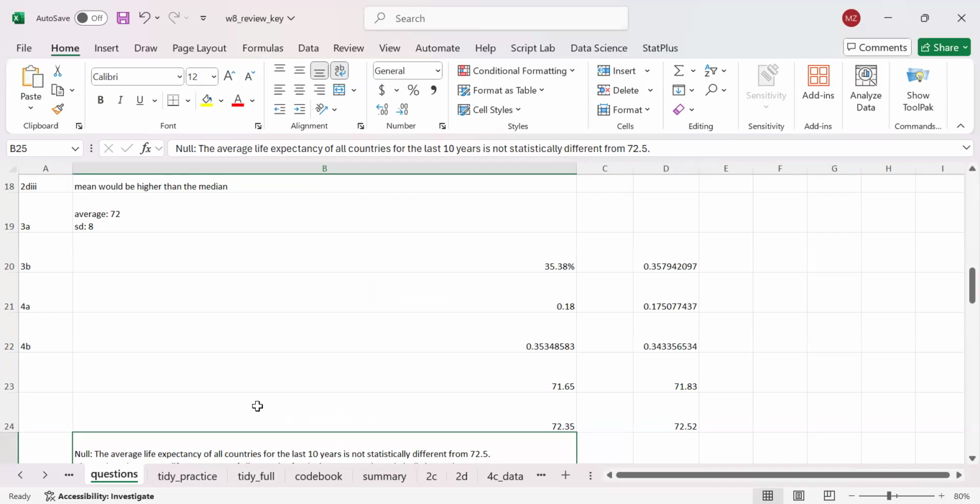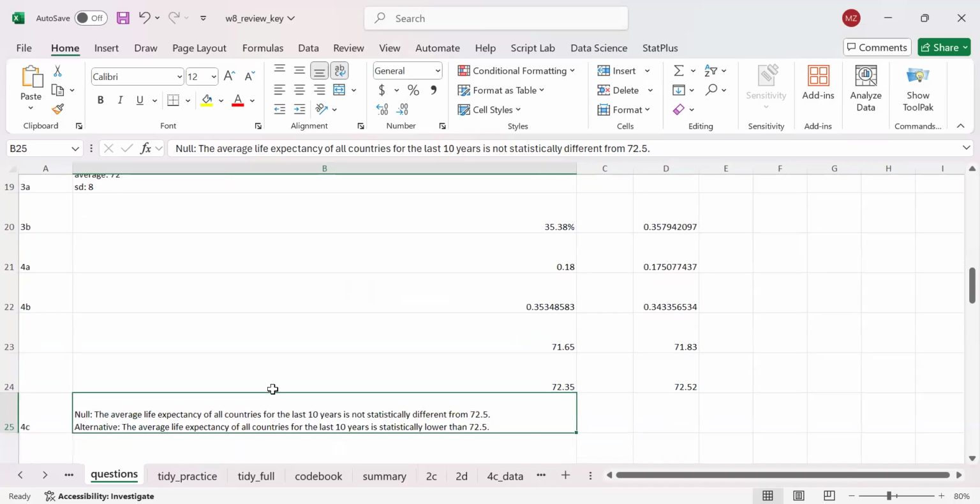I agree with the lower, the higher is okay, right? We don't care. If it's higher, the better. The null hypothesis will probably be better if... I mean, it will be more explicit if we frame it as the average life expectancy of all countries from the last 10 years is not statistically smaller than... Yes, so that will simplify the direction. The alternative is more confirmative.